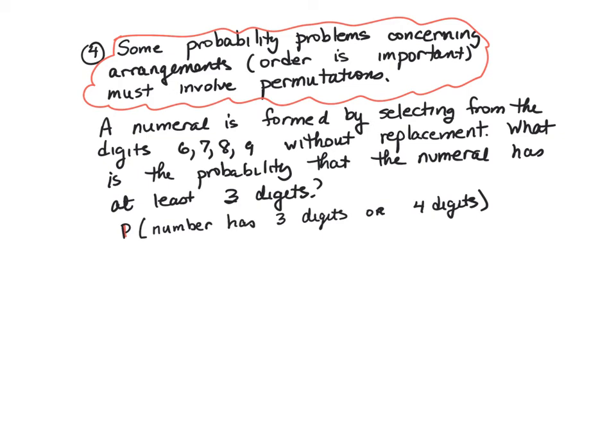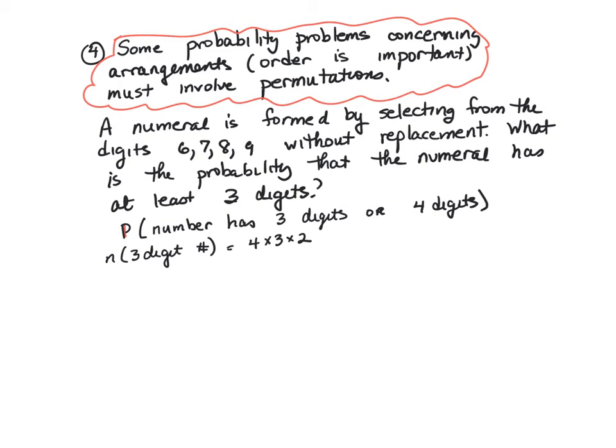So let's consider the number of ways to get a 3-digit number. Well, that would be just 4 times 3 times 2.